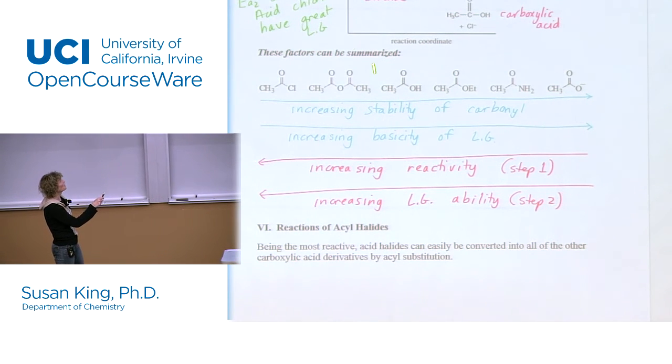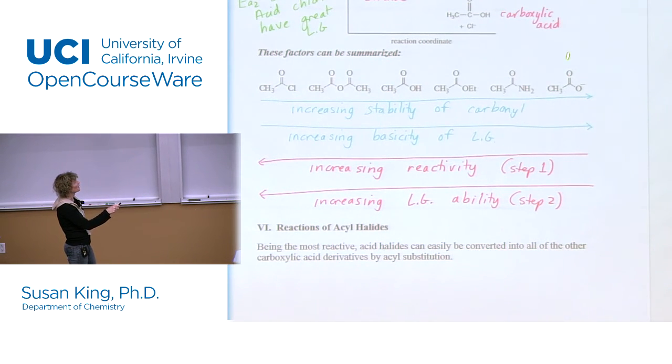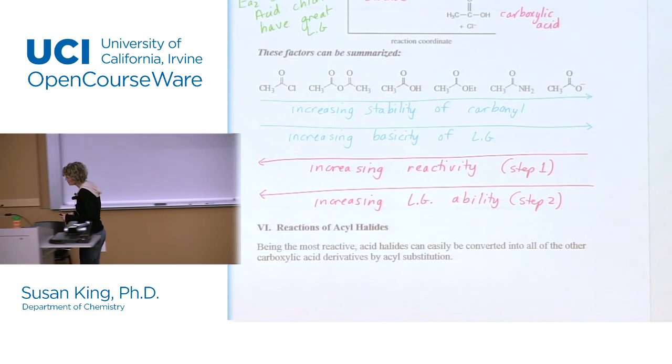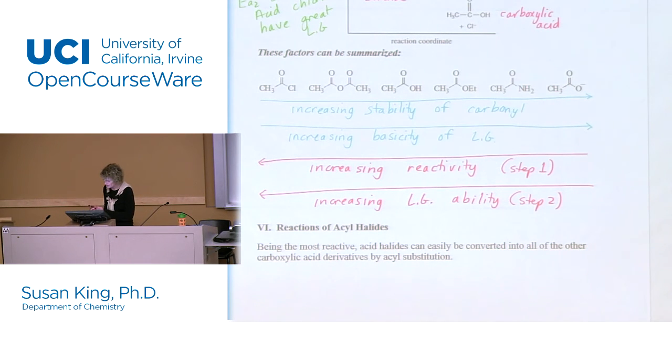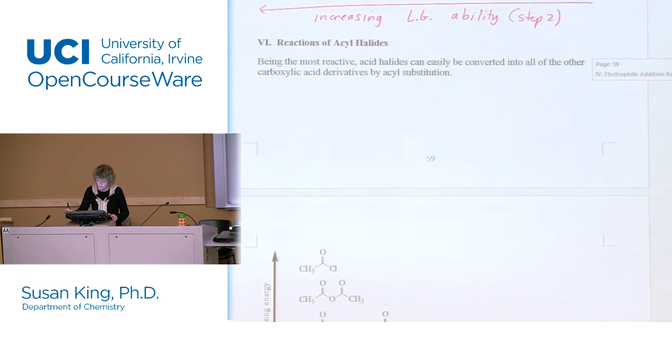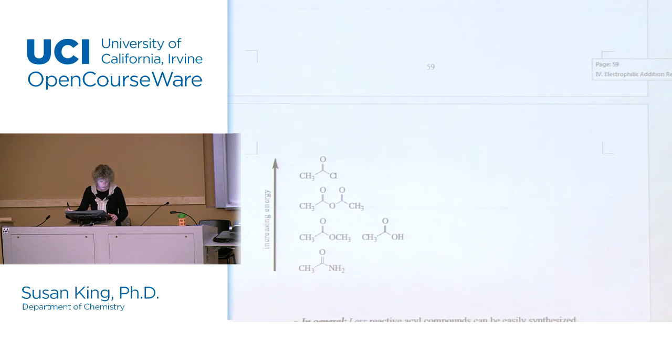And then we're going to talk about anhydrides, carboxylic acids, esters, and then amides. And we're going to do it in that order. So we're going to start with reactivity of acid chlorides. And pretty much it's very easy to take any of the acid chloride and convert it into any of the other type 2 carbonyls. Very easy.